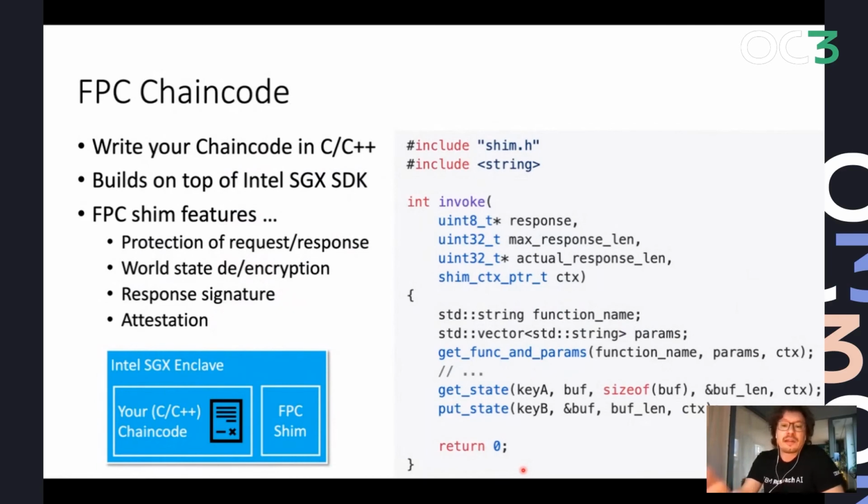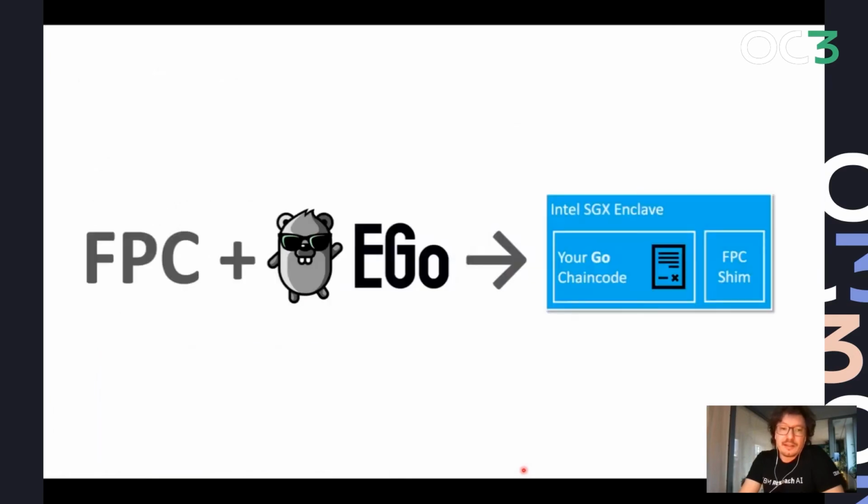However, if you have already implemented some chaincodes in, let's say, Go, well, you have to re-implement everything from scratch. Not ideal. And this is why we were actually looking into something else. And this is Fabric Private Chaincode plus the Ego framework from Edgeless Systems in order to extend our support for FPC now also for Go chaincode.